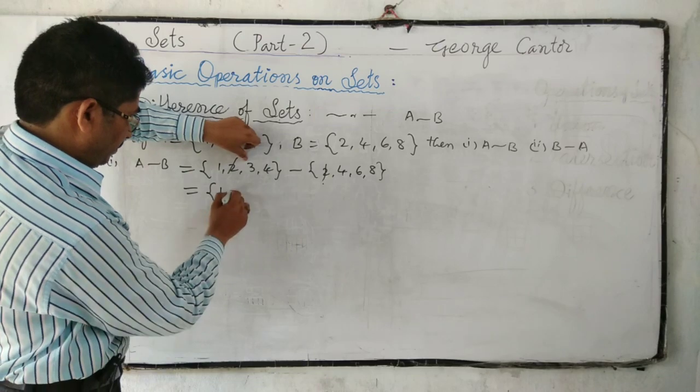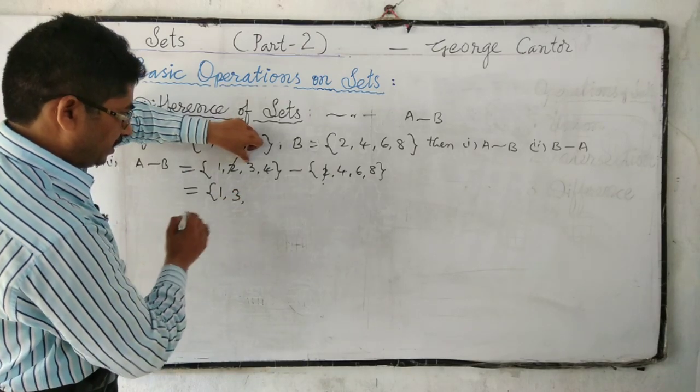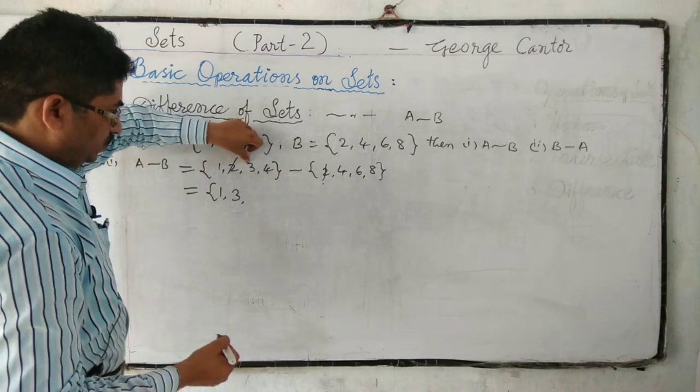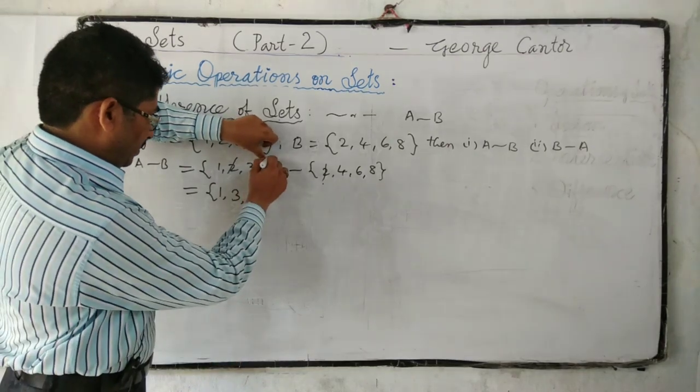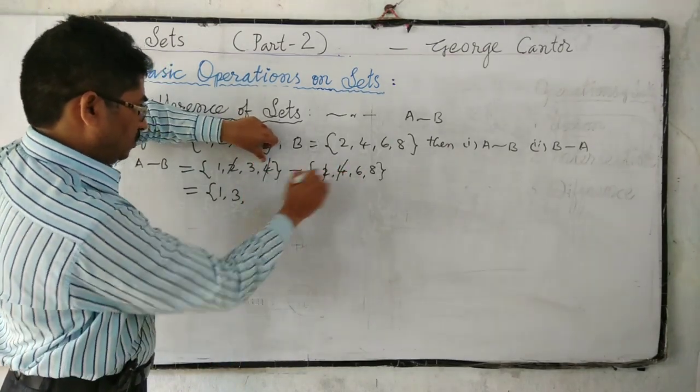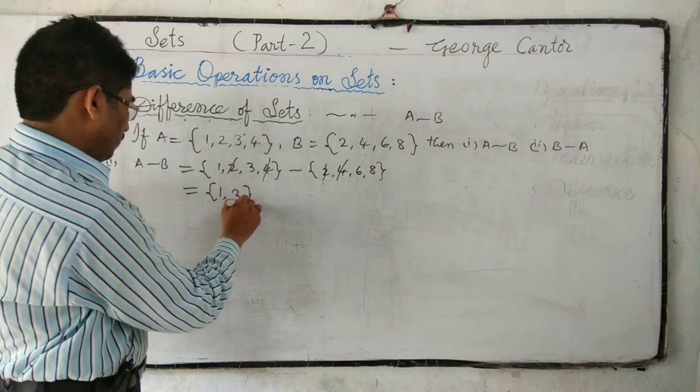Next 3 is in A but not in B, so we write. 4 is in A and also in B, so we don't write that. So A minus B is 1 3.